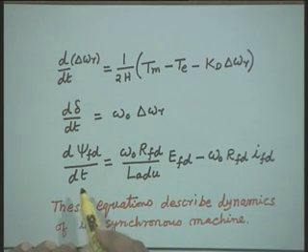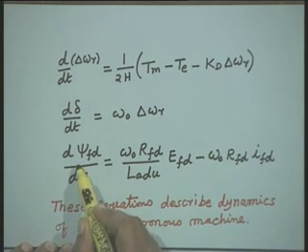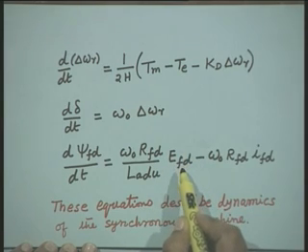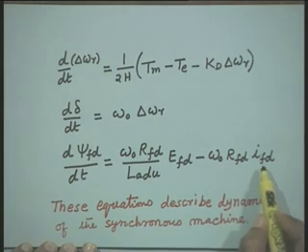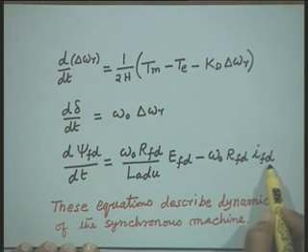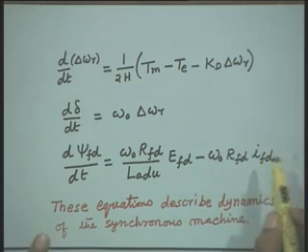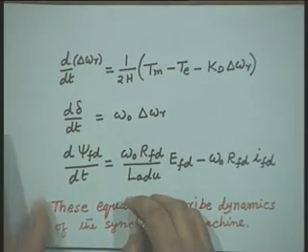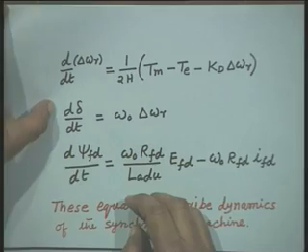This can be done very easily, because here we will consider the change in field voltage as delta EFD, okay, and change in field current as delta IFD. Okay. But this delta IFD, since this is not a state variable, is replaced by the incremental change in terms of the other state variables.